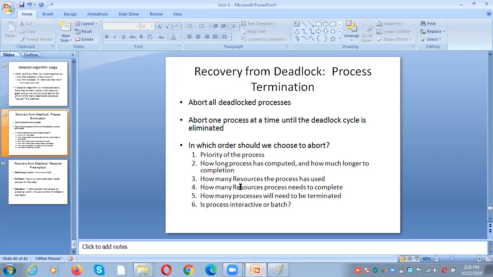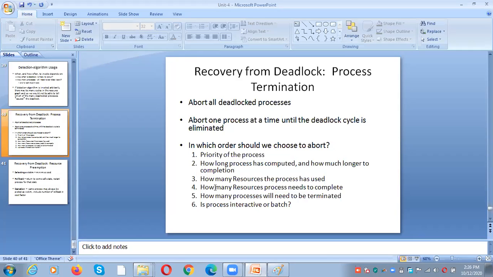Next, how many resources a process has used, and how many resources it needs to complete. For example, how many are already used, and how many resources are needed by the process to complete the execution. How many processes will need to be terminated in order to recover from the deadlock. Whether the process is an interactive process or a batch process. You need to consider all these situations whenever you want to remove a process from the deadlock cycle.